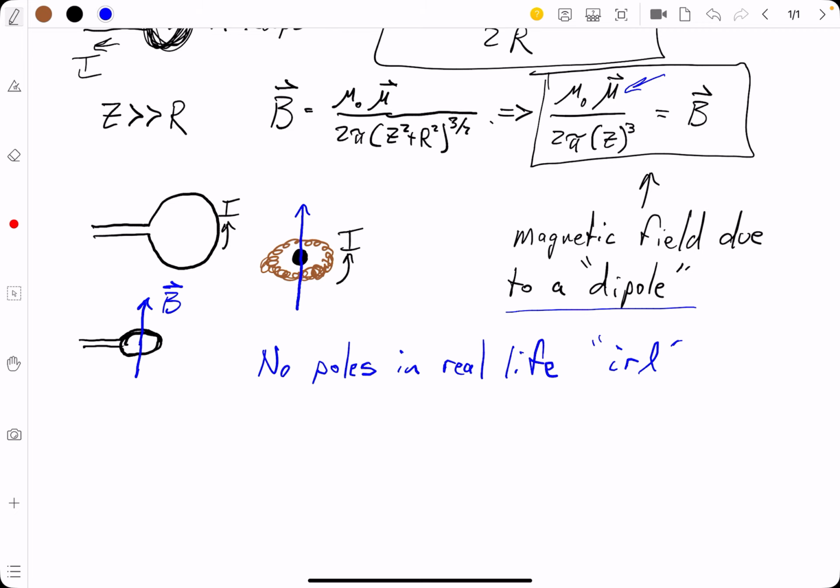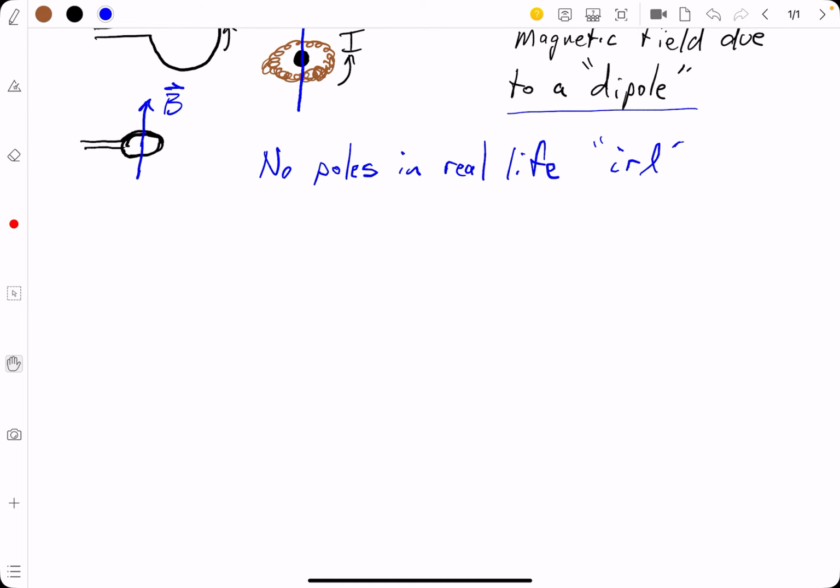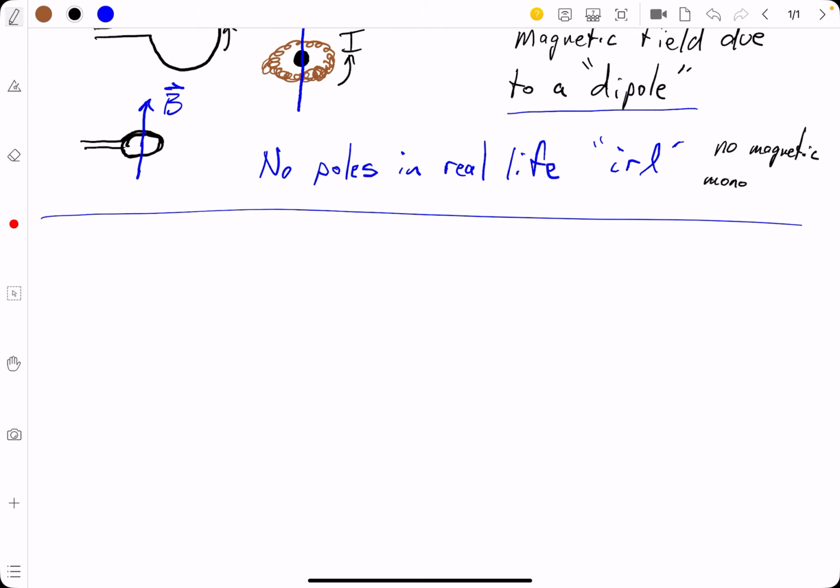All right, so the next thing: no magnetic monopoles. I don't know if any of you guys are into it, but there's the search for magnetic monopoles.